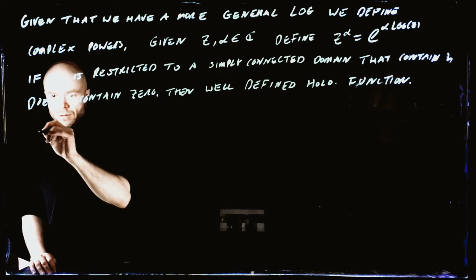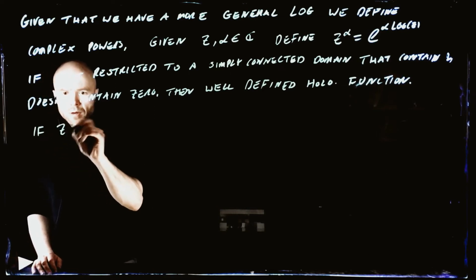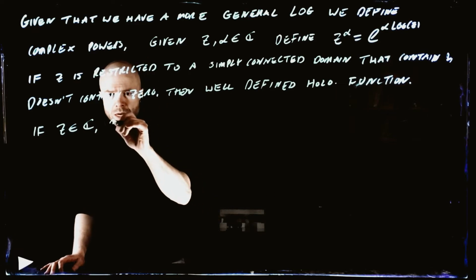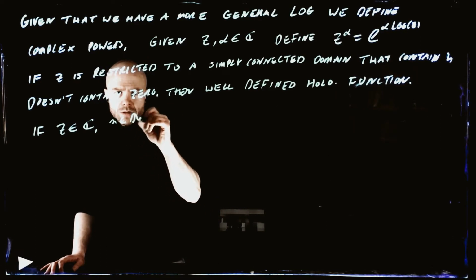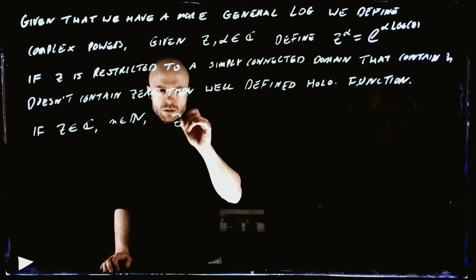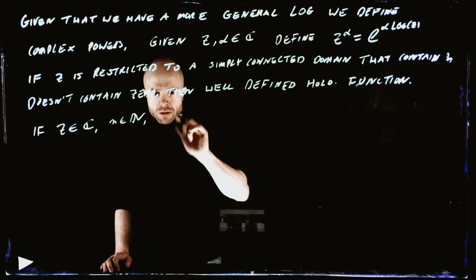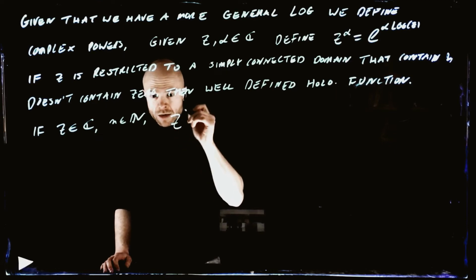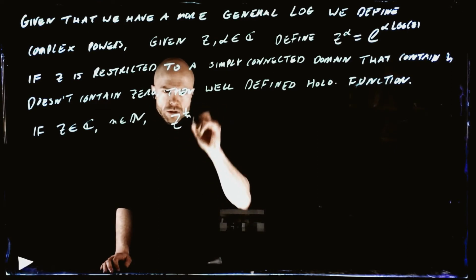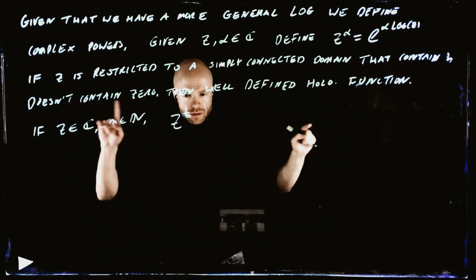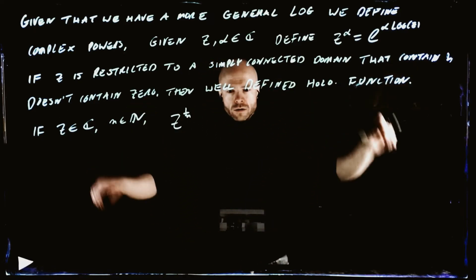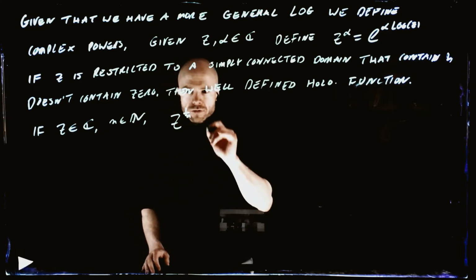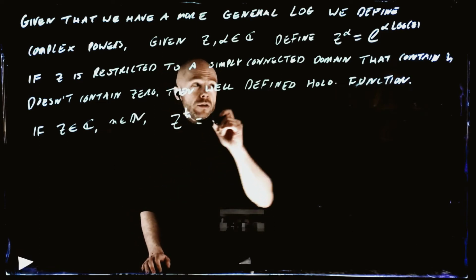If we take z belonging to the complex numbers, and let's take some integer n, then let's look at what this is. So typically, the nth root of a complex number you know as these n different complex numbers, right? All spaced equally around a circle of radius the nth root of the absolute value of z. But now, what does our definition give?